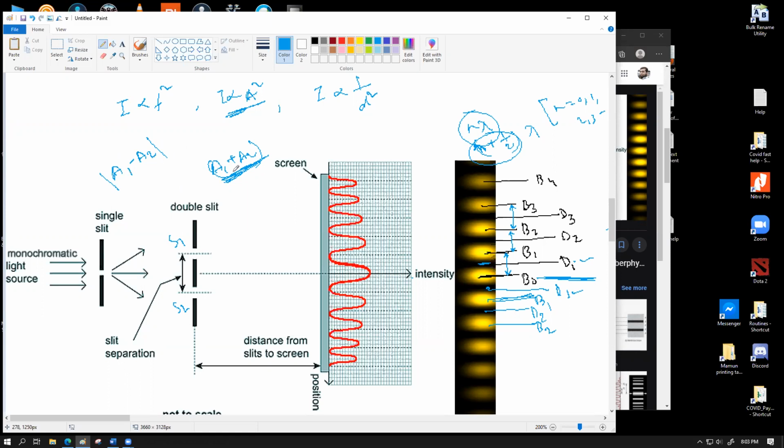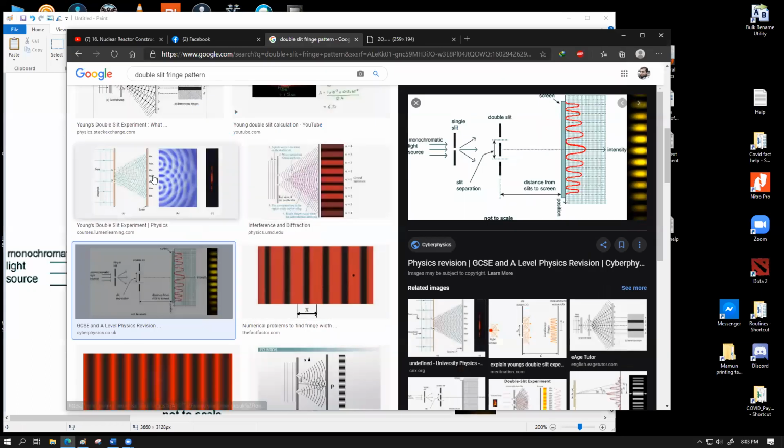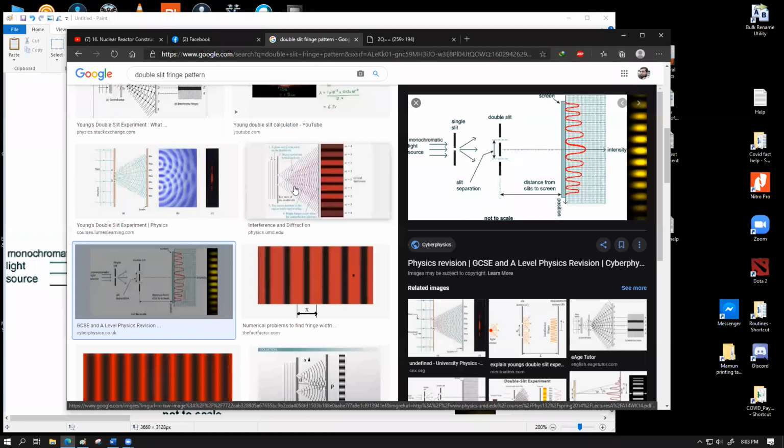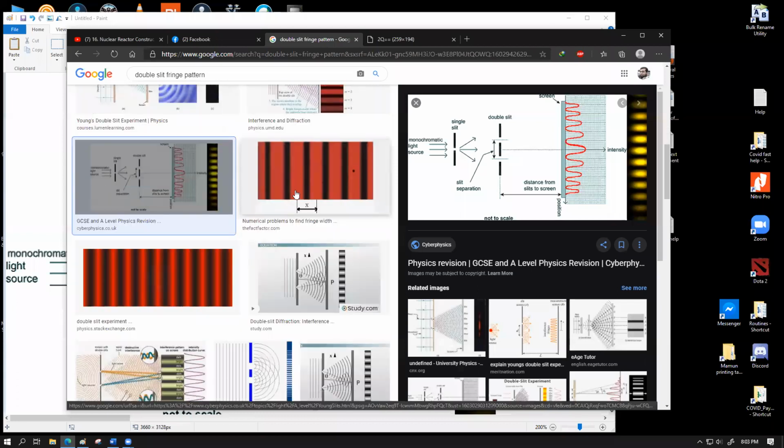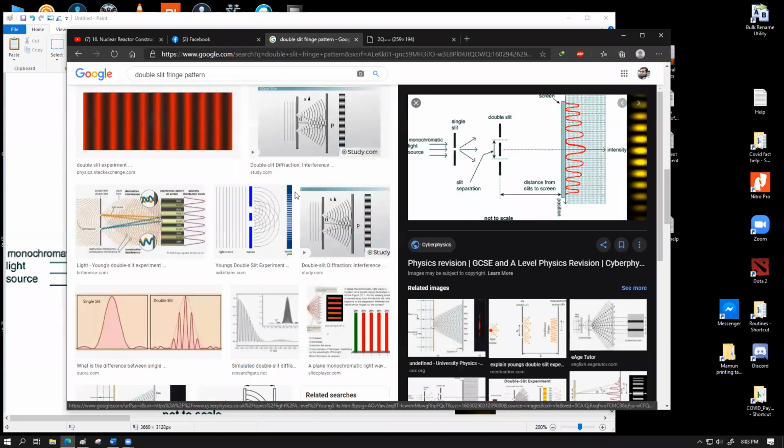Now, an interesting factor, if you try to visualize a normal slit pattern, if I just take up one figure.